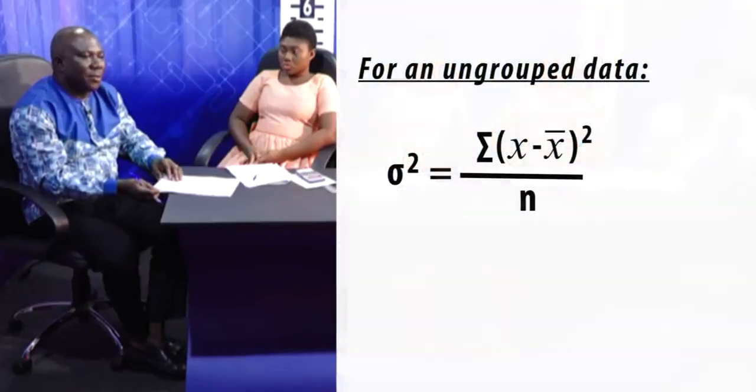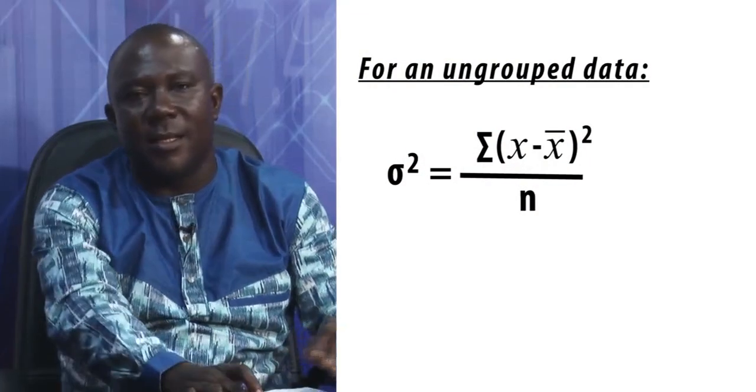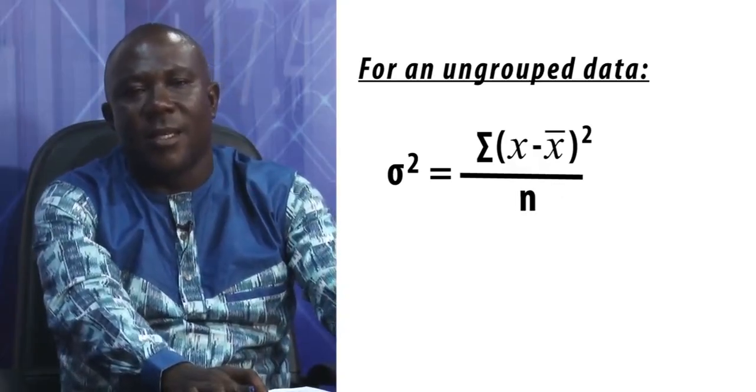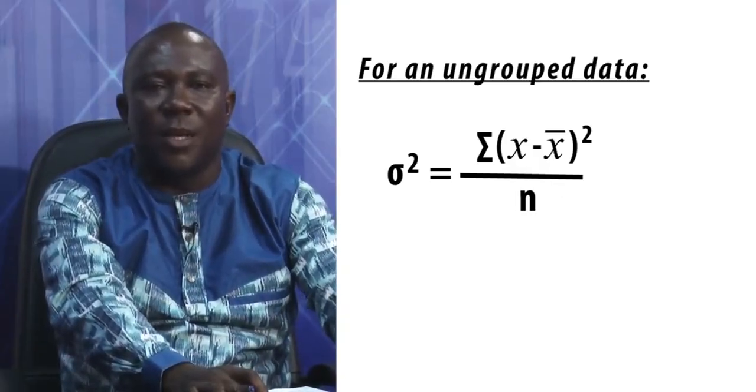We learned that the variance of a given data describes how the data values are separated from the mean. It is determined by the formula sigma squared equals summation of (x minus x bar) all squared divided by n. N is the size of the data, that's the number of values that we have in the data.